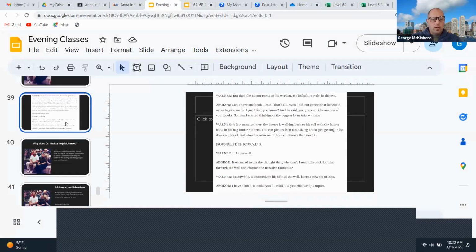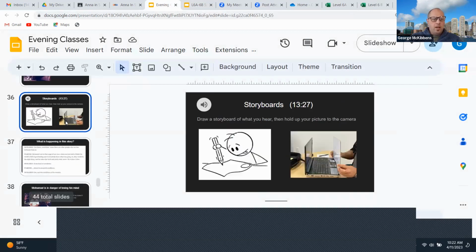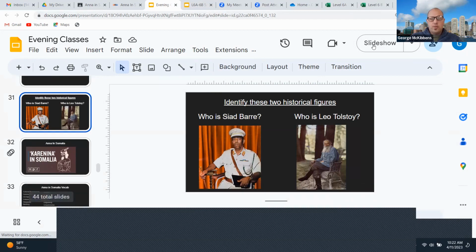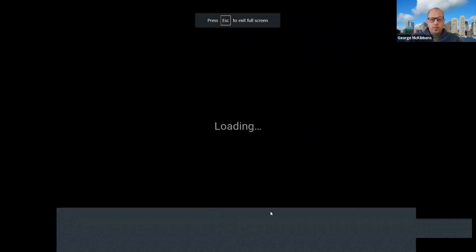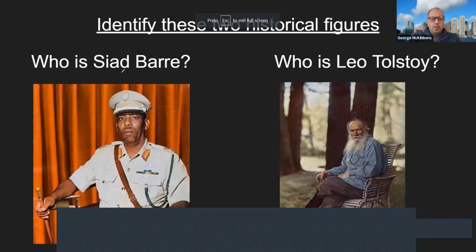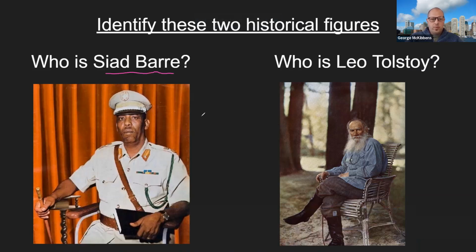Here is where the story of the book comes in. Now, at the beginning, I introduced two historical figures. So this is let's say the villain of the story, the military dictator who throws people in prison if they criticize him.